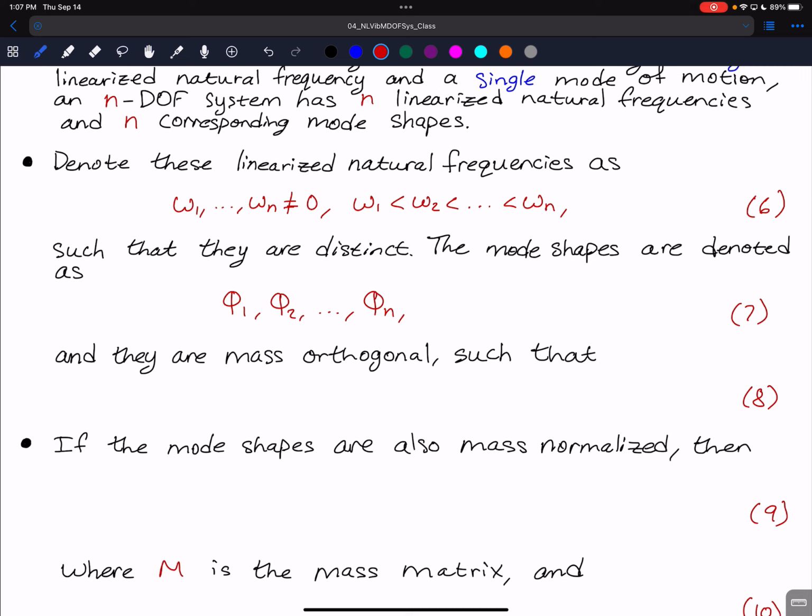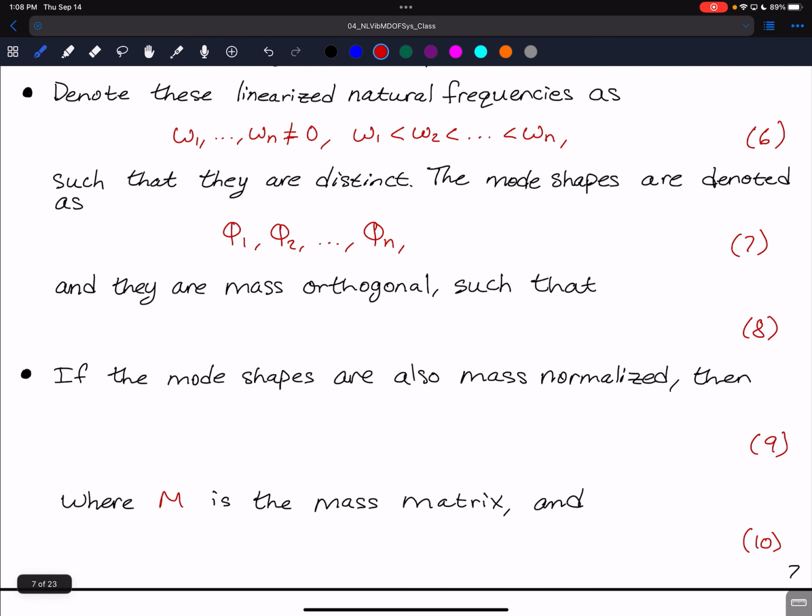We're going to assume that they are what's known as mass orthogonal, which means that if you multiply phi i transpose times the mass matrix M times phi j, what you get back is 0, where i, j are equal to 1, 2, all the way up to n, and i is not equal to j.